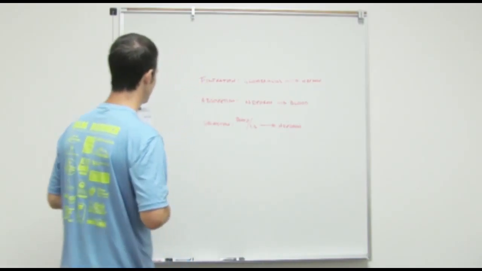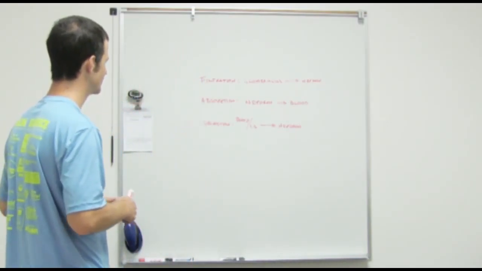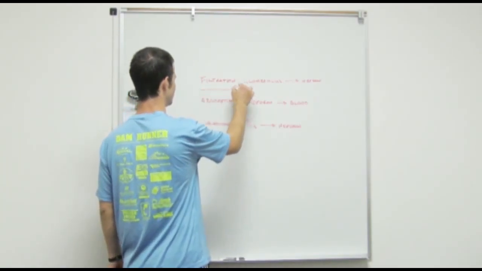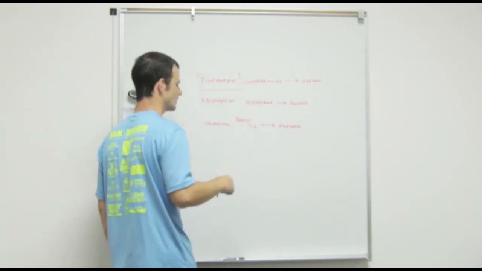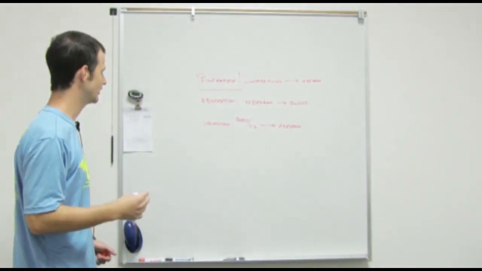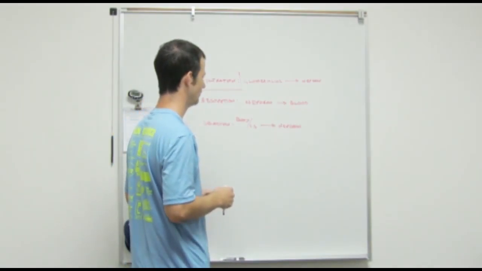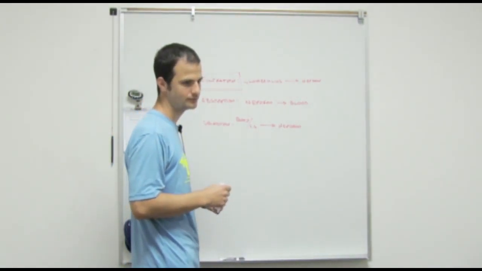And so when you're going through the kidneys, filtration is primarily happening at like Bowman's capsule, right? So that first part. And then these other two are happening throughout.